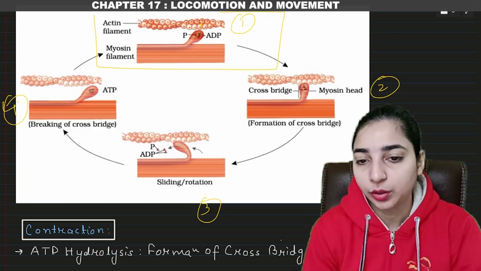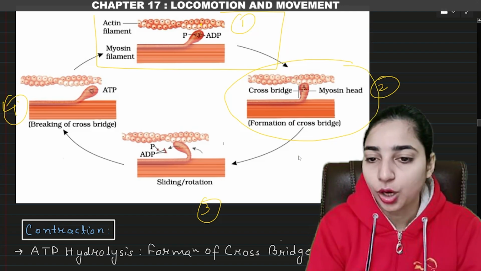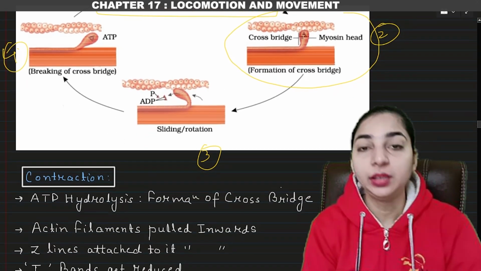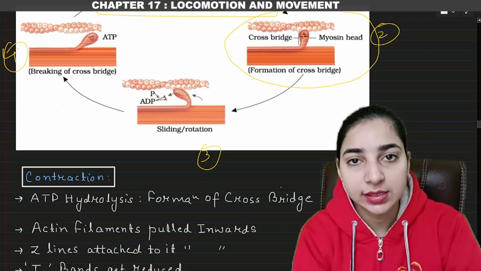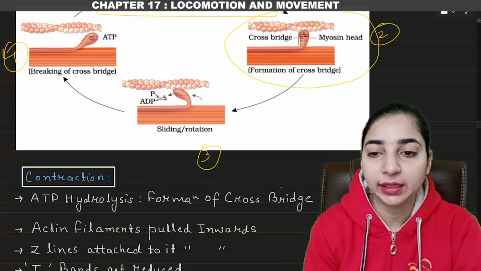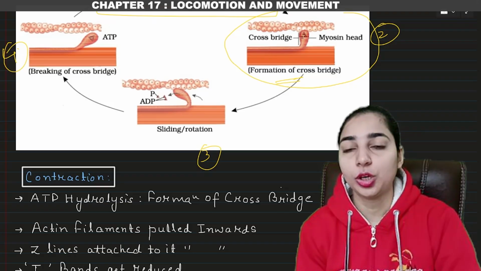So in figure number 2, that means this one, you can see a cross bridge is formed. So what has happened? The ATP hydrolysis took place, the myosin utilized this energy and formed a cross bridge with the actin after binding to it. Okay, so this is the formation of the cross bridge.